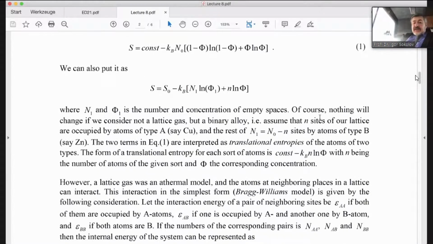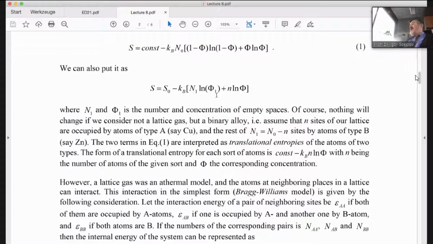And essentially for the future, I can also put it as follows. Now it was filled, it was empty, yes? And now I say I have n, small n of type 1, and I have capital N1 of type 2, so to say. And here this is empty, this is filled. And look at the total structure. The total structure is always n ln phi, with n's and phi's corresponding to the respective constituents of your system.